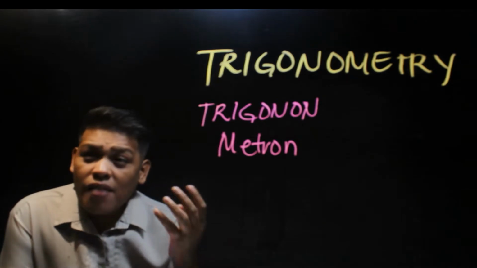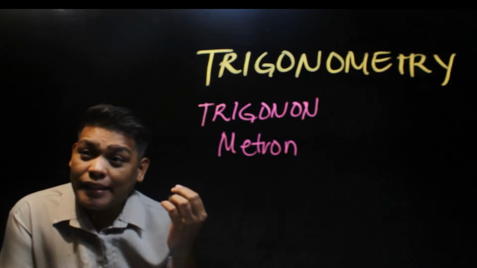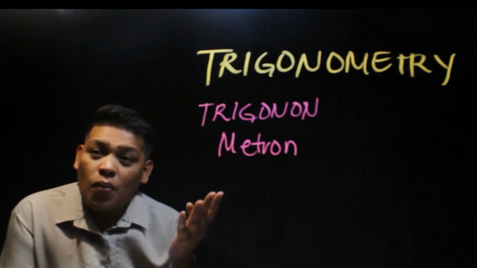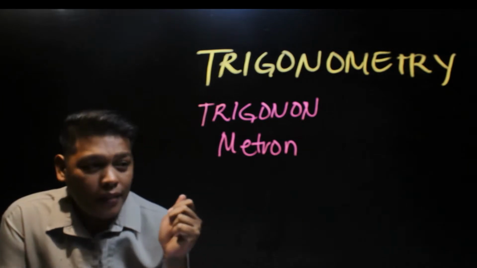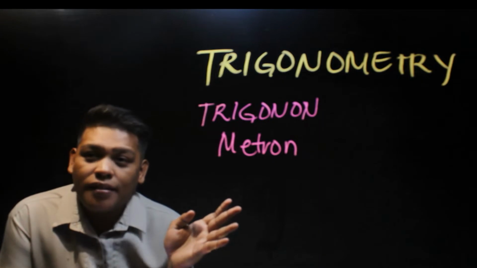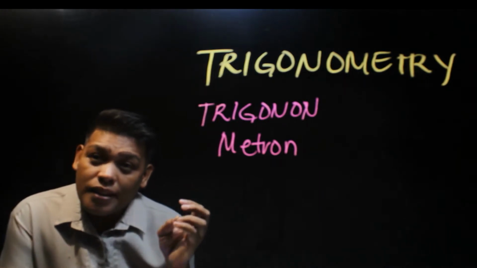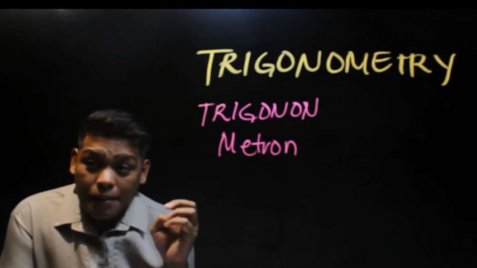In vocabulary, we have the sine, cosine, secant, tangent, cosecant, and cotangent. And we will be dealing with the angle of elevation and angle of depression.